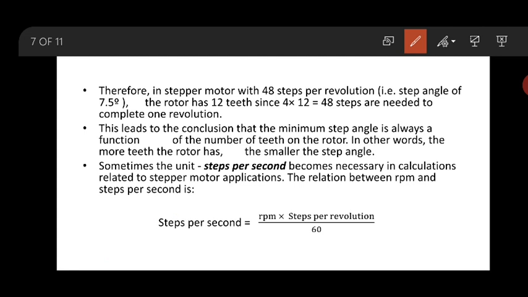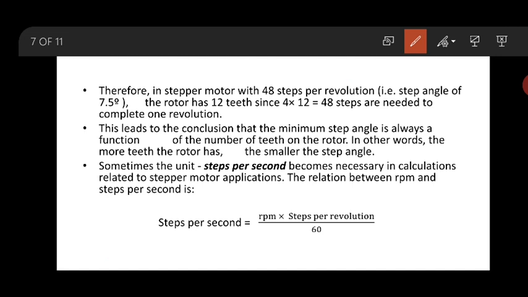If instead of 7.5 degrees each tooth angle is 4 degrees, then 360 divided by 4 gives you 90 steps required to complete one full circle. This is how it needs to be calculated.